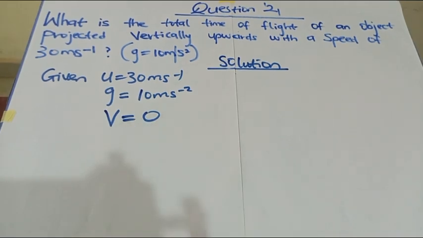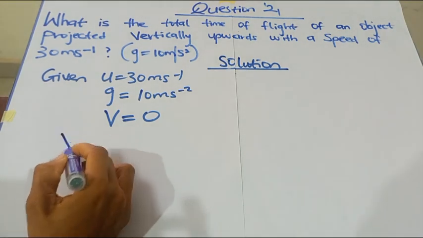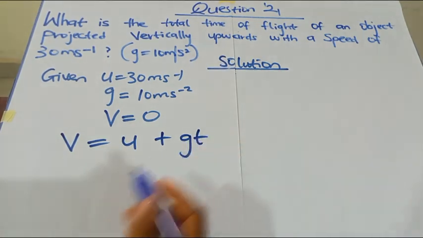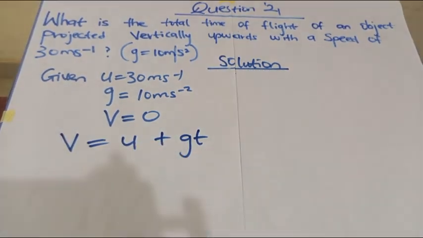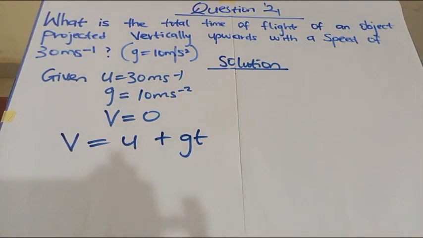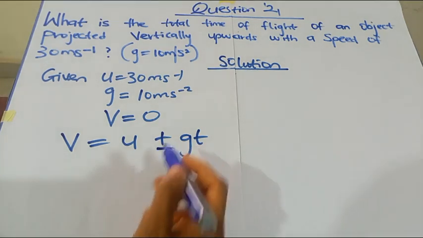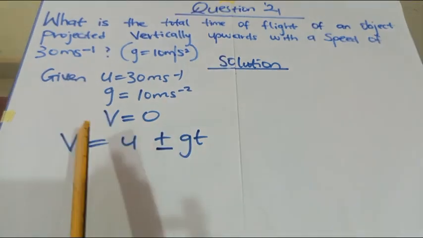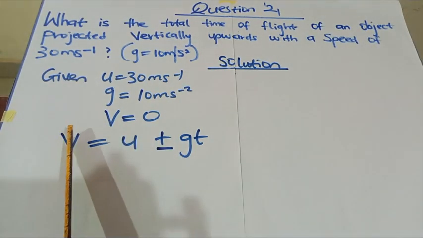So we are going to use the first equation of motion: v is equal to u plus at. This time around we are using the acceleration due to gravity, that's gt. Remember, this can be plus or minus. Now remember that since it's vertically upward, v is 0.